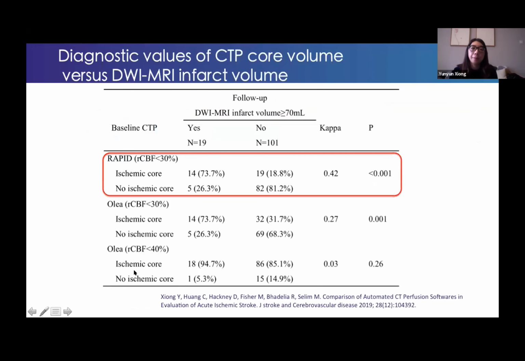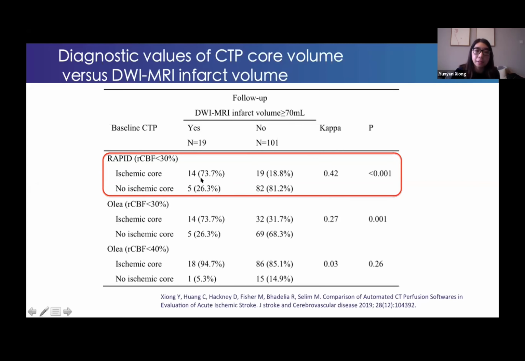Okay, because these software packages were designed for intervention, many of these patients need to be ruled out if they have a large infarct. So we look at the diagnostic values of this software against the gold standard, diffusion weighted imaging, and we use the criterion of not less than 70 milliliters as a cutoff, because this is mainly the exclusion criterion for most of the thrombectomy trials.